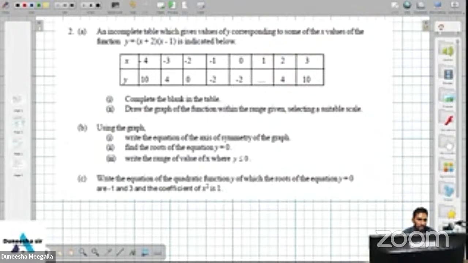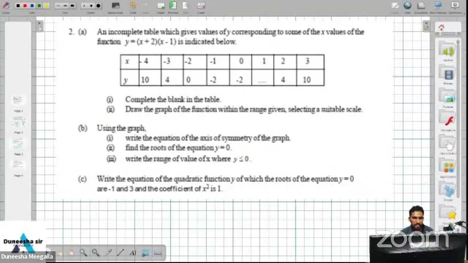Okay, find the range of values of x where y is less than or equal to 0. Range එකක් ලියන්න කියනවා.